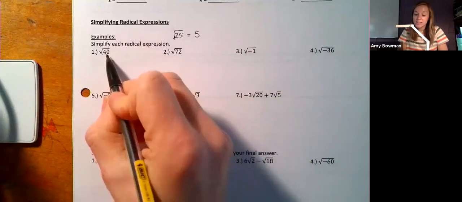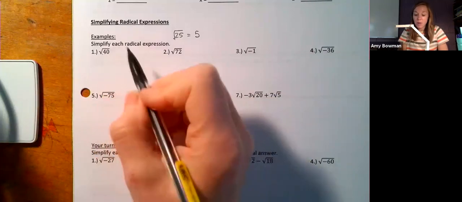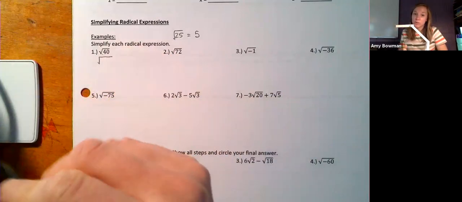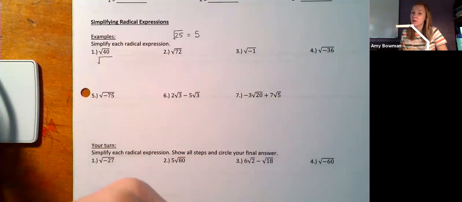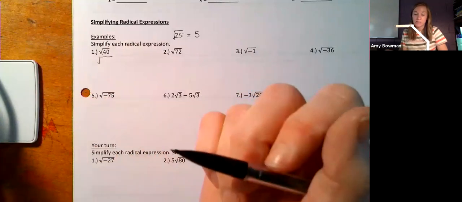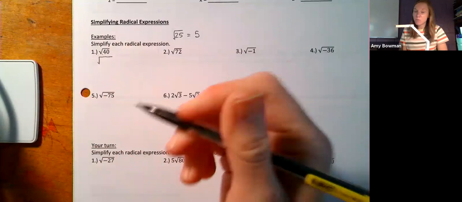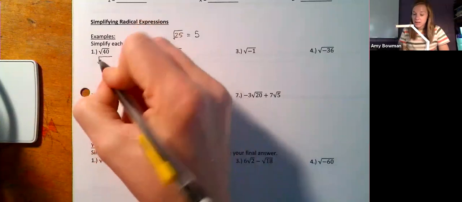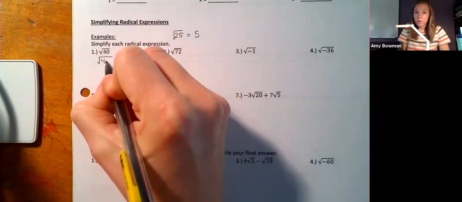So 40 is not a perfect square, but I do know that I could rewrite 40 as a perfect square times another number, since 40 is divisible by 4. And I know 4 is a perfect square. So the square root of 4 is broken up by multiplication, one individually.